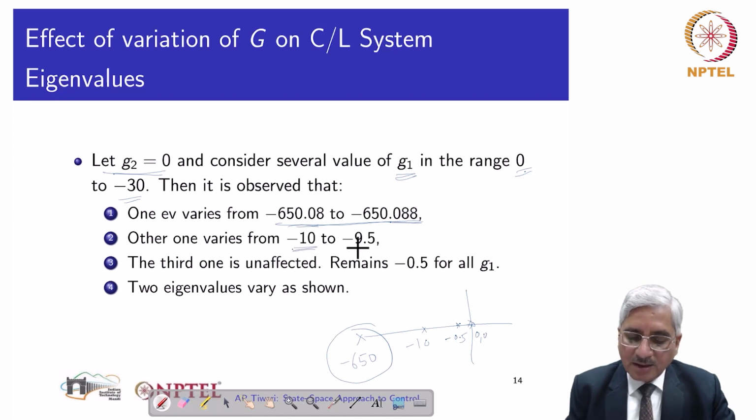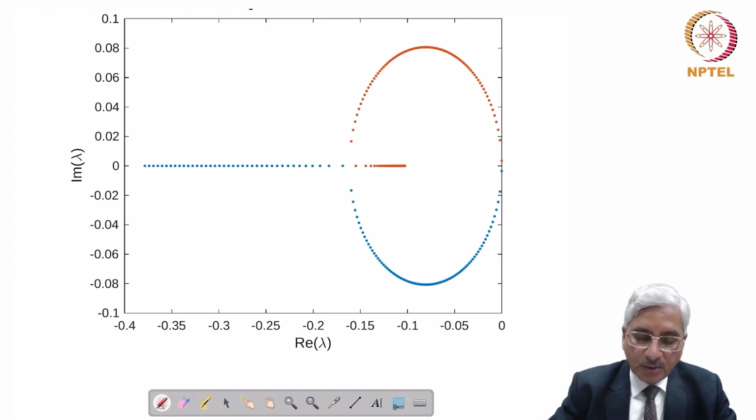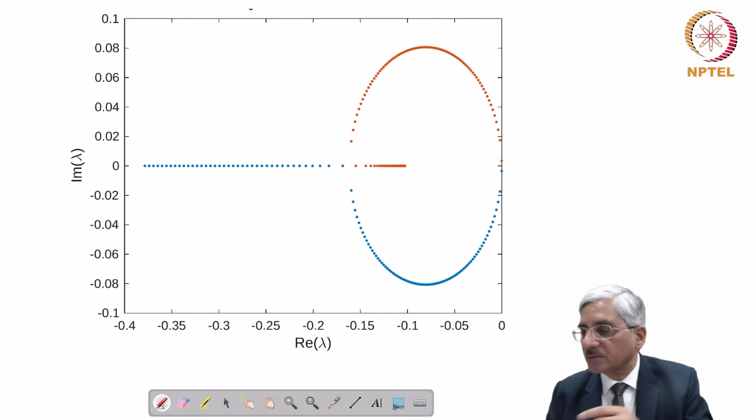The minus 10 changes up to minus 9.5, again a very small change. This one doesn't change at all. It always remains at minus 0.5. And the remaining two, which were at the origin, undergo change as shown by this plot.